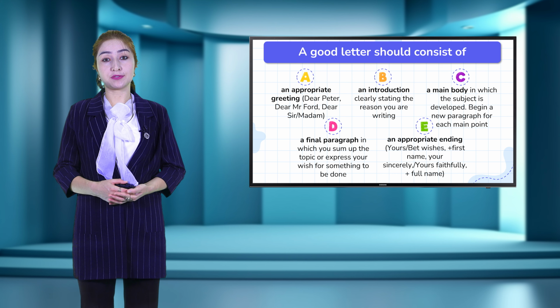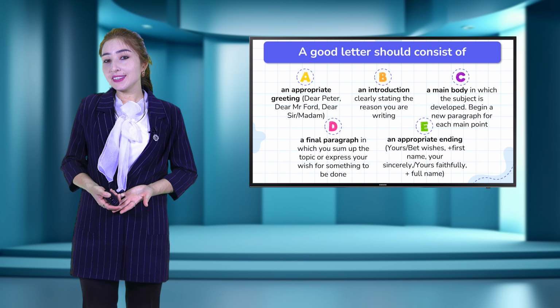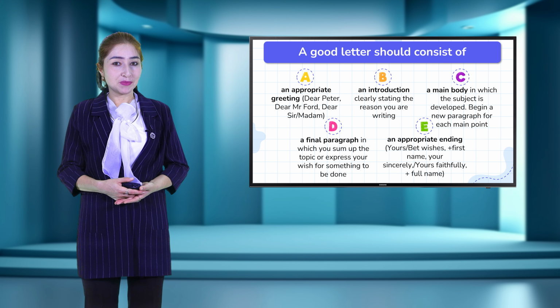In the final paragraph, you sum up the topic or express your wish for something to be done. And the last one, you can write an appropriate ending here. You can write your best wishes, yours sincerely, yours faithfully, and after this you can even write your full name.